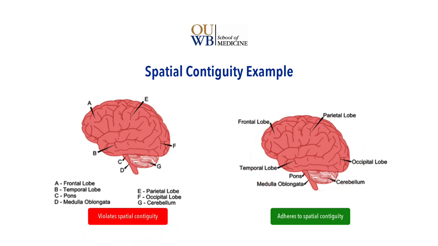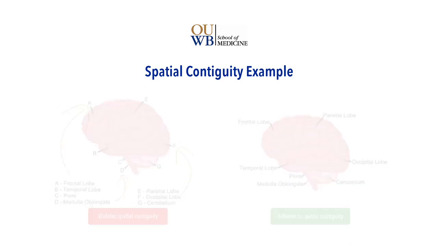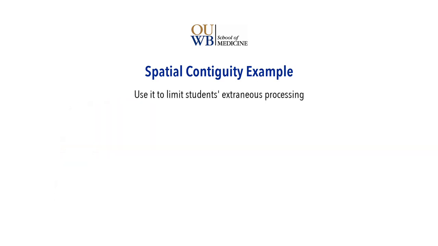In the violating image on the left, learners engage in a lot more extraneous effort in an attempt to make such connections. By adhering to the spatial contiguity principle, we can eliminate that extraneous processing learners might otherwise experience.